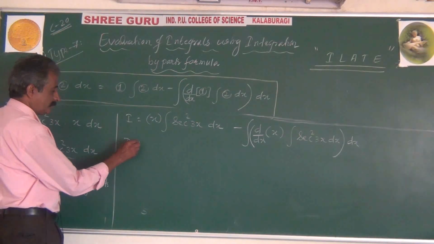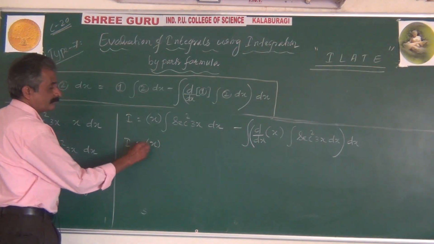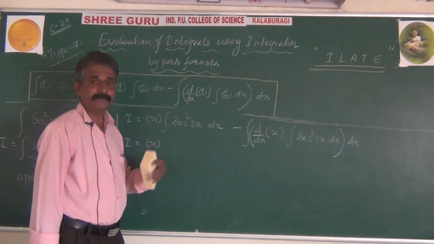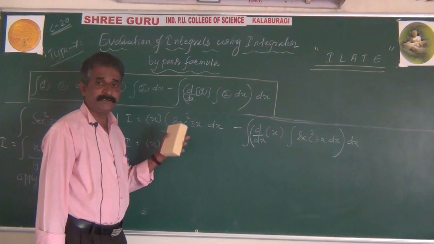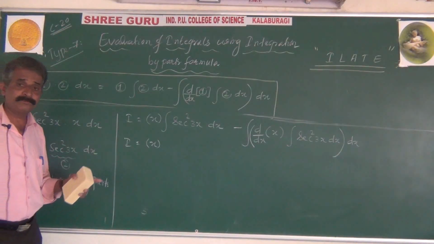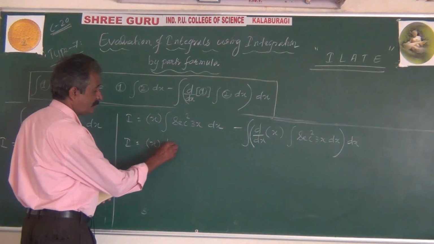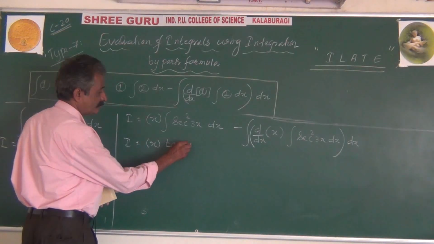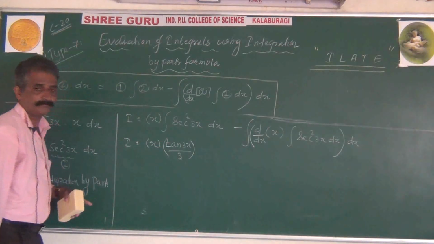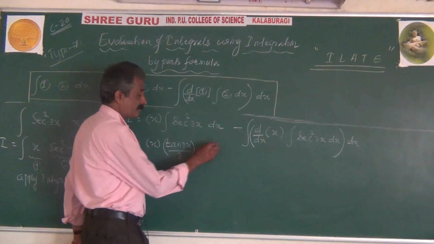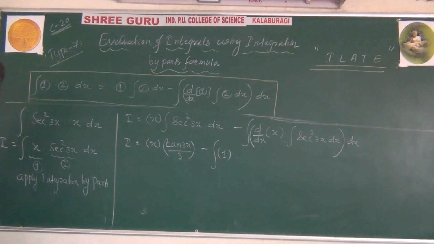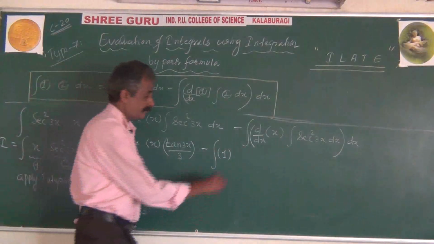I equals to x into. By the standard list of formulas, what is integration of secant square x? Tan x. Here, integration of secant square 3x is tan 3x divided by 3. Tan 3x by 3. Minus differentiation of x is 1 into integration of secant square 3x is tan 3x by 3.